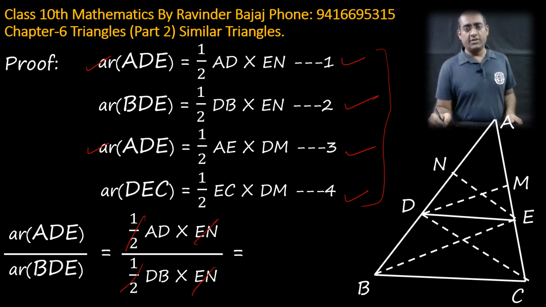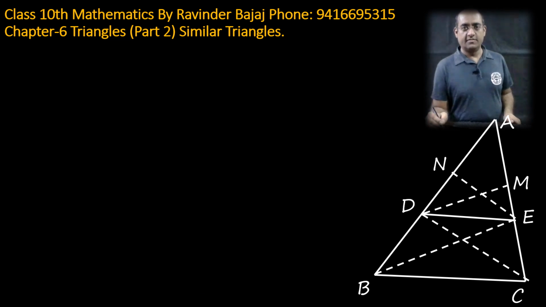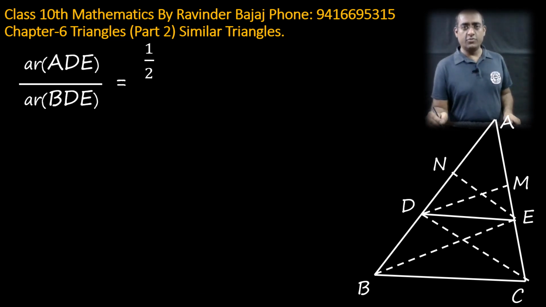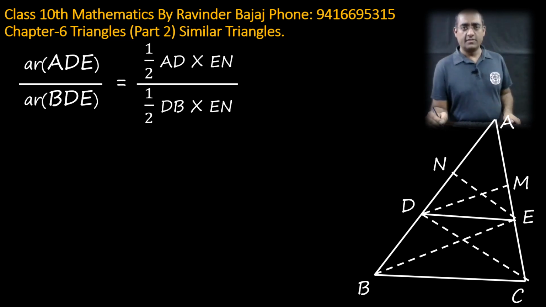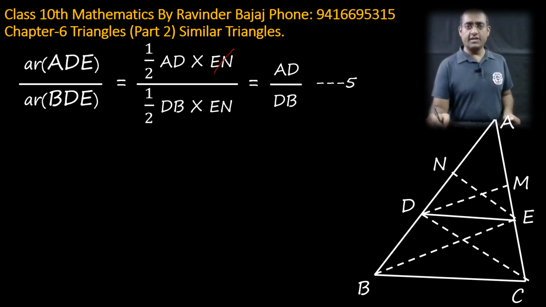It will be equal to AD upon DB. Now this is equation number 5. We will use this equation for the result. Let me write equation number 5 for you again. This is equation number 5.